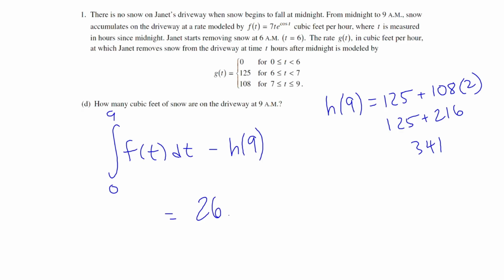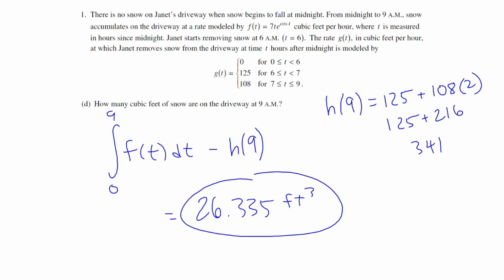So 26.335 cubic feet. And that was worth 3 points: 1 for just having the integral, 1 for having the correct value for h of 9, and 1 for the final answer. And that is it for this rate FRQ, which was the first question from the 2010 AP Calculus AB exam.